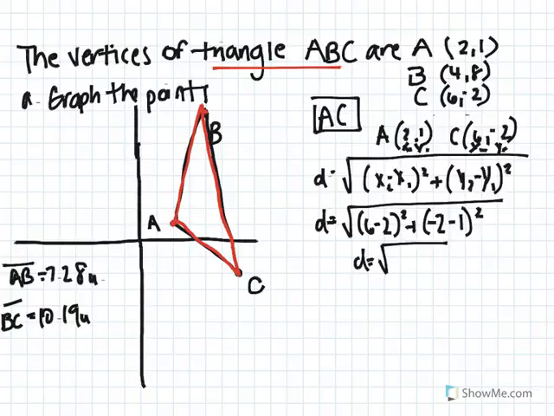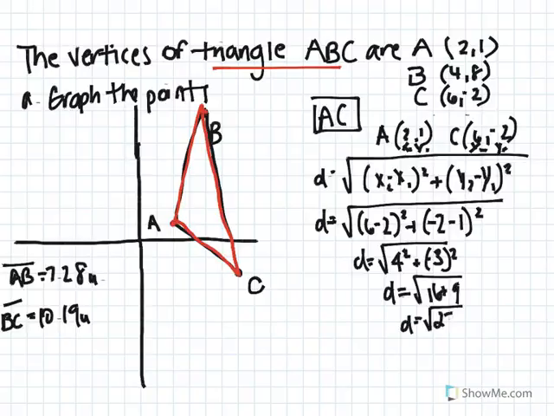Distance equals the square root of 4 squared plus negative 3 squared. Distance equals the square root of 16 plus 9. Distance equals the square root of 25. Distance equals 5. So the length of AC is going to be 5 units.